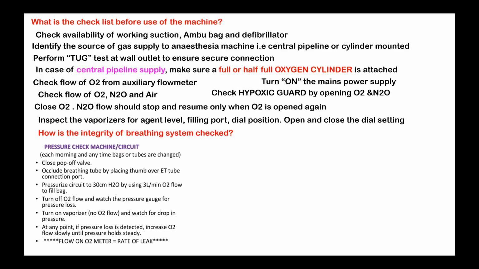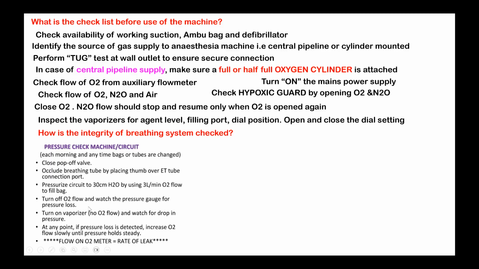This is a very, very important test, all of you know. And it is not necessary always to have a second bag. All you have to do is occlude the patient end where you connect the mask or your endotracheal tube with your finger or your hand, and then open the oxygen flow meter to 3 liters until the reservoir bag becomes full and the pressure gauge shows a pressure of 30 centimeters of water.